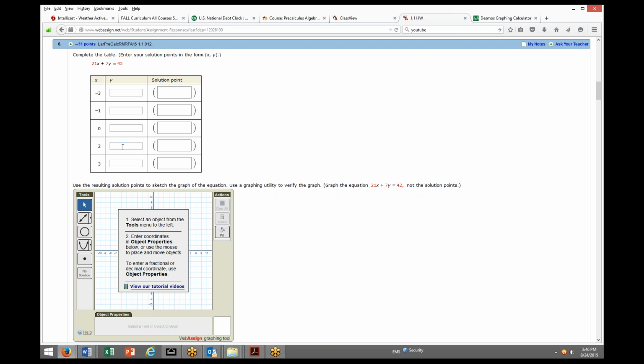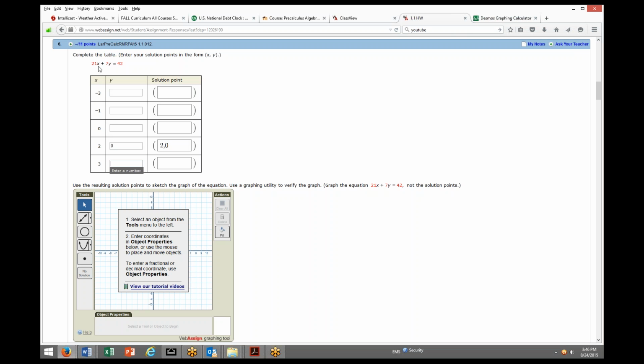So here we can put that in here for 2. Y is 0. So the solution point is (2, 0). And if we let x be 0, this is the other easy one, typically, not always, but oftentimes easy to do.